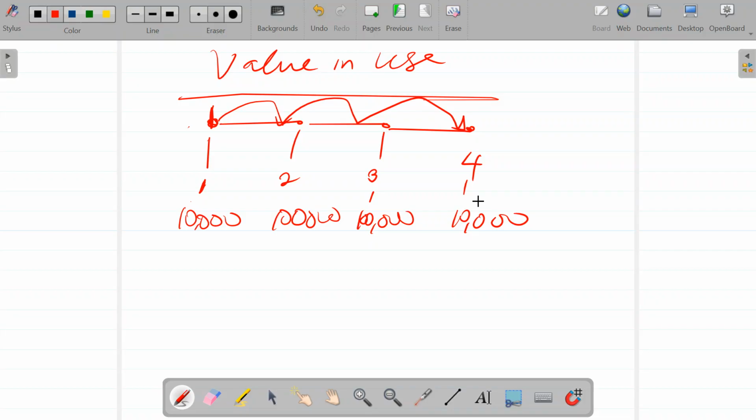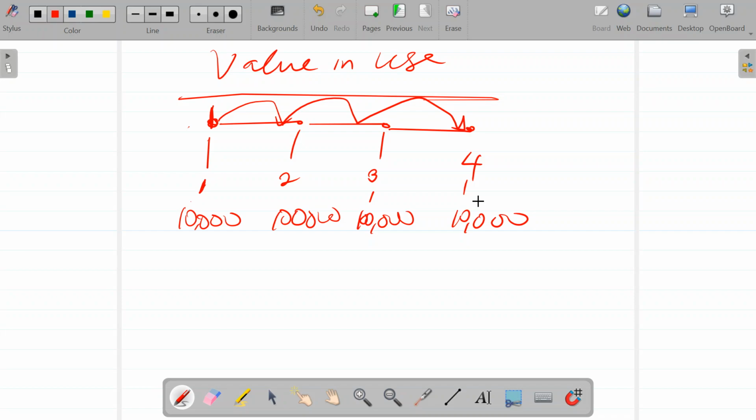There's no way you can be sure that when I use this asset, I'm going to get this definite value. It is an estimate based on your future forecast, the future benefits you expect to derive from the asset.